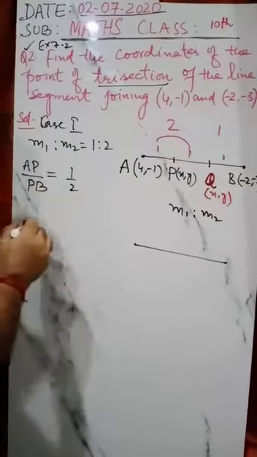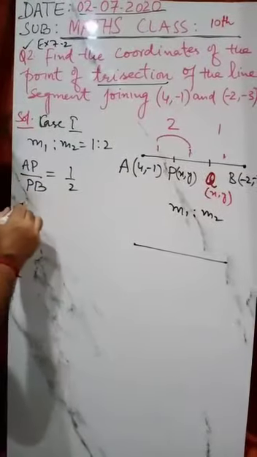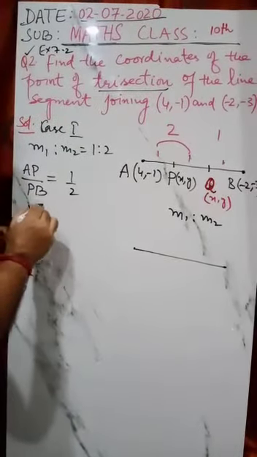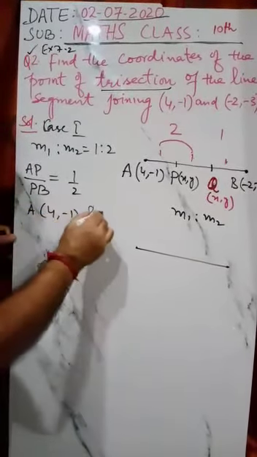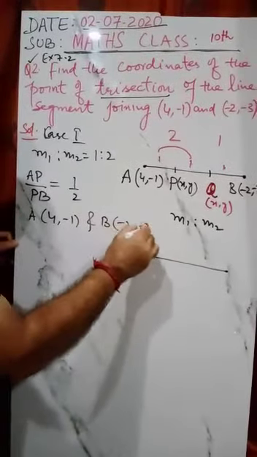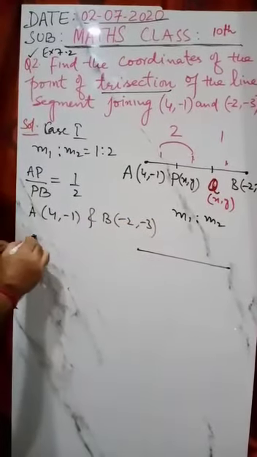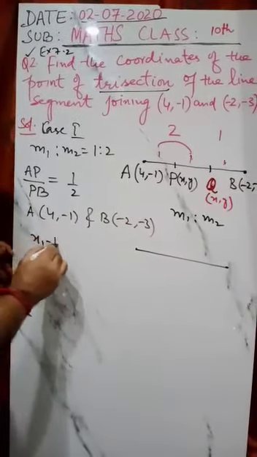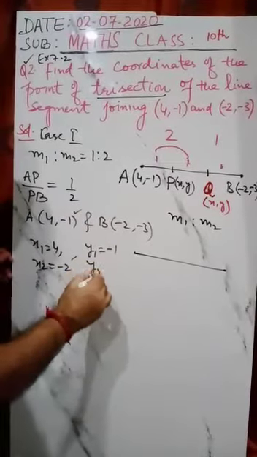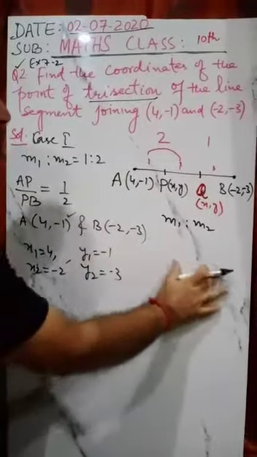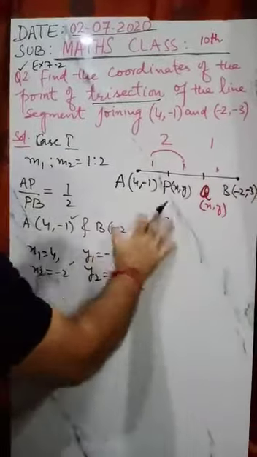The coordinates of A are (4, -1) and the coordinates of B are (-2, -3). Therefore x1 equals 4, x2 equals -2, y1 equals -1 and y2 equals -3.